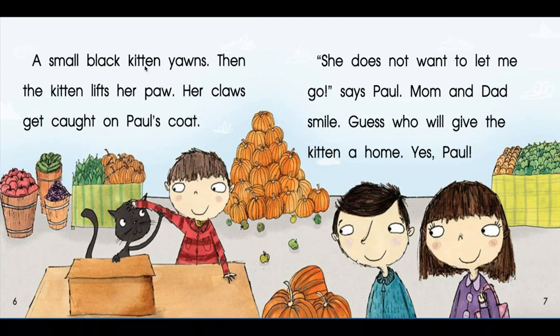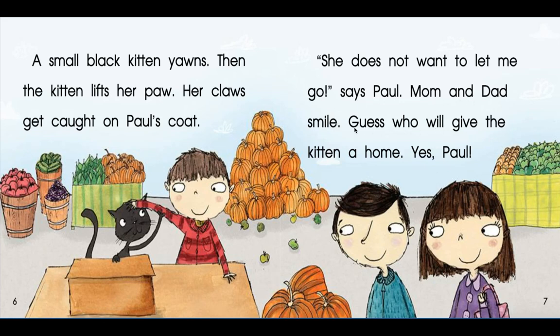A small black kitten yawns. Then the kitten lifts her paw. Her claws get caught on Paul's coat. She does not want to let me go, says Paul. Mom and Dad smile.